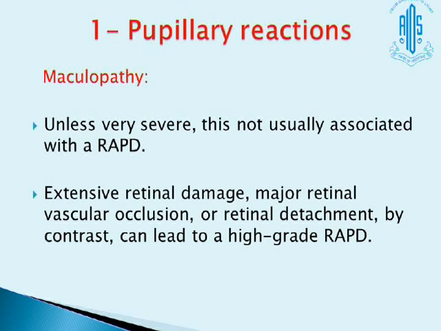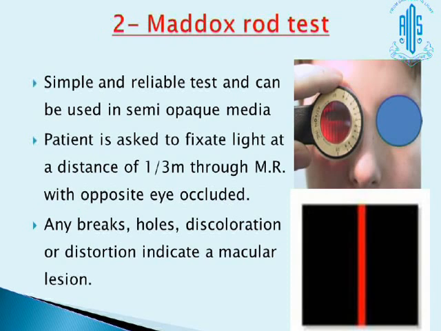With maculopathy, unless very severe, this is not usually associated with a relative afferent pupillary reaction. Extensive retinal damage, major retinal vascular occlusion or retinal detachment, by contrast, can lead to a high-grade relative afferent pupillary reaction.